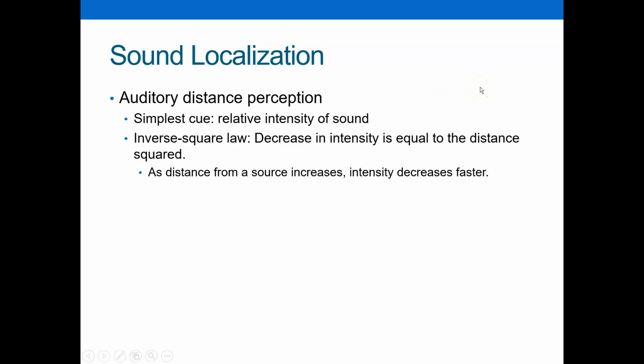Now, probably one of the simplest cues that we have is intensity. Generally, louder sounds, we typically perceive as being closer to us than sounds that are farther away. The problem with that is I'm sure you can think of instances where you have heard very quiet sounds that were very, very close to you.